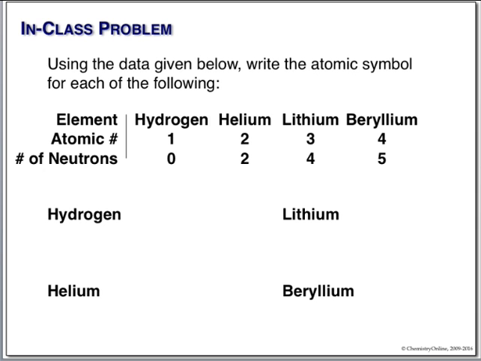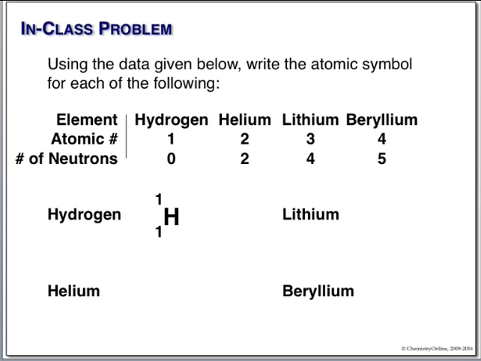Now, in case you don't know your list yet, hydrogen is H, lithium is Li, helium is He, and beryllium is Be. So you write the symbol. As a superscript in front, you put the mass number. That's the number of protons plus neutrons. And as a subscript, you put the number of protons.